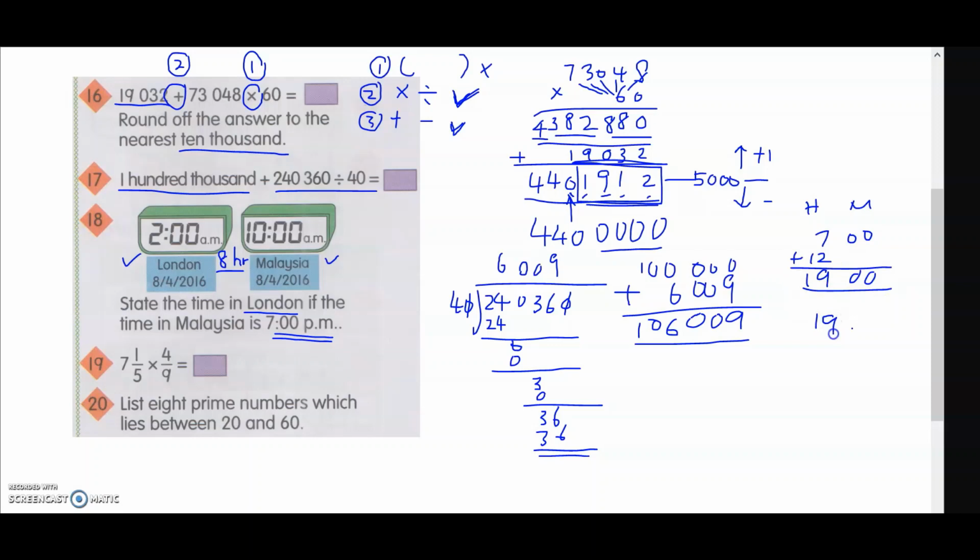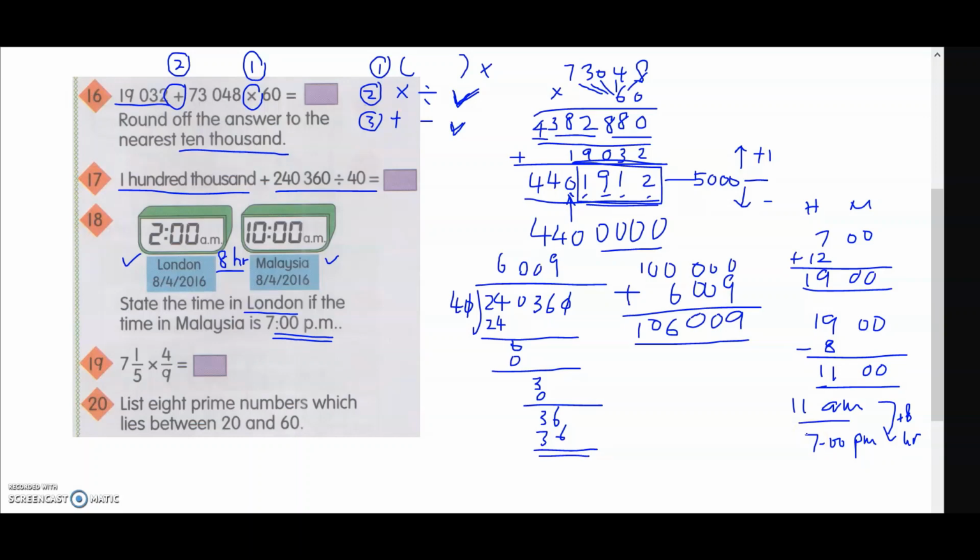Then we minus 8 hours because the time difference is 8 hours. Then we get 1100. Or in 12-hour system, it is 11 a.m. So the time in London is 11 a.m. and in Malaysia we are 7 p.m. If you calculate, we are 8 hours ahead of them. They are 8 hours behind us.